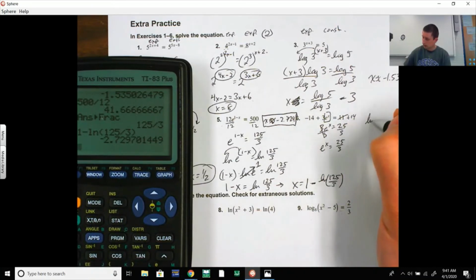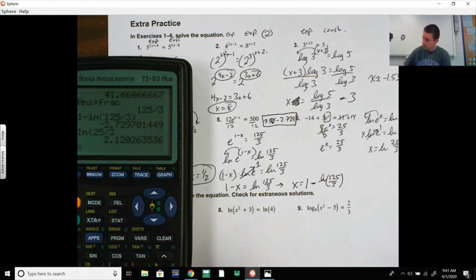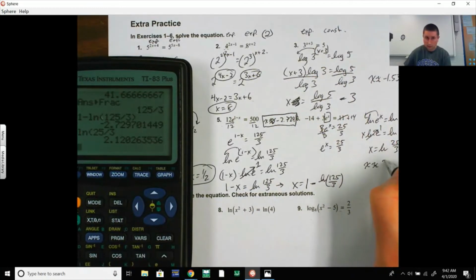So I get natural log of e to the x equals natural log of 25 over 3. Frog jump the log. X times the natural log of e equals natural log of 25 over 3. Natural log of e is 1, so x equals natural log of 25 over 3. So x is approximately 2.120.